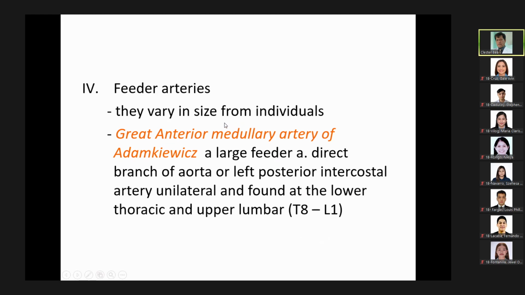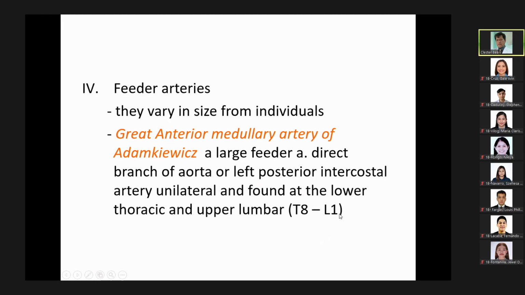One of the big feeder arteries, in fact the biggest of your feeder arteries, would be your great anterior medullary artery of Adamkiewicz. A large feeder artery that is a direct branch of the aorta, or it can come from the left posterior intercostal artery. Most of the time, the artery of Adamkiewicz is unilateral, or only found on one side.